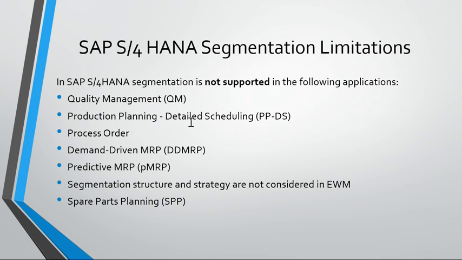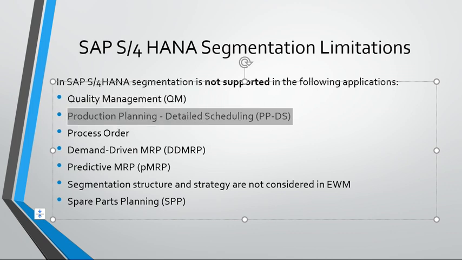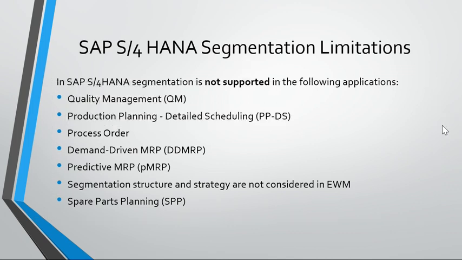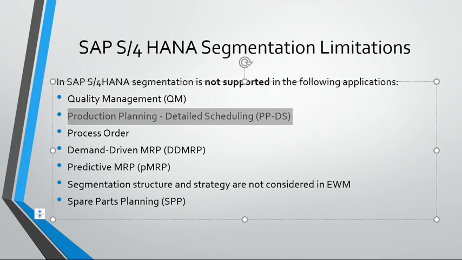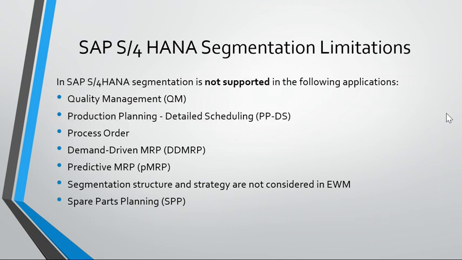But from PPDS side, I'm not sure SAP is planning to extend it, because there's another tool proposed by SAP for better planning and detailed scheduling. And PPDS is an inbuilt functionality which will come with S4HANA.